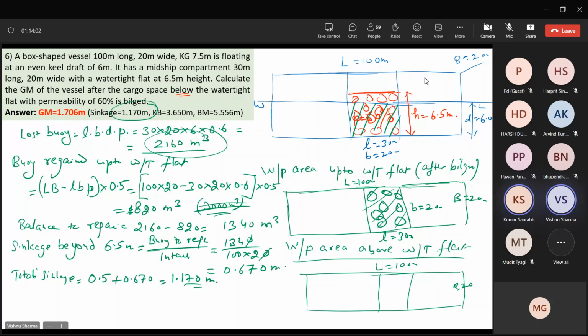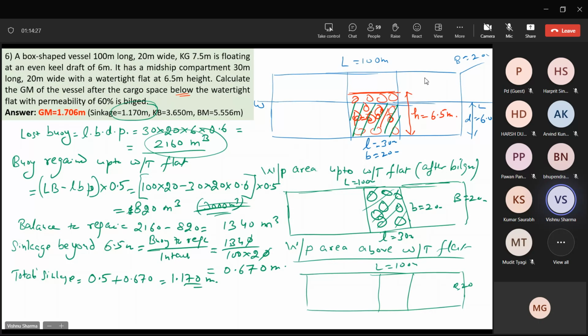You lost 2160. The vessel has to sink to regain 2160. Now, the watertight flat is 0.5 meters above the WL. In that portion, the intact water plane is the whole water plane minus the lost water plane. So for that 0.5 meters of sinkage, how much do you regain?